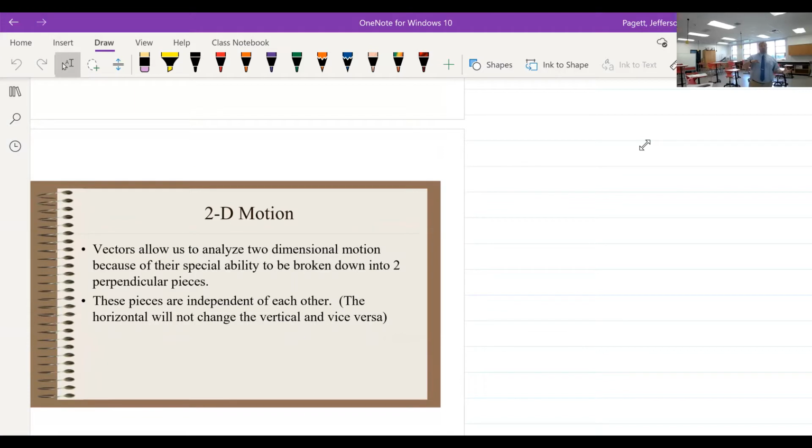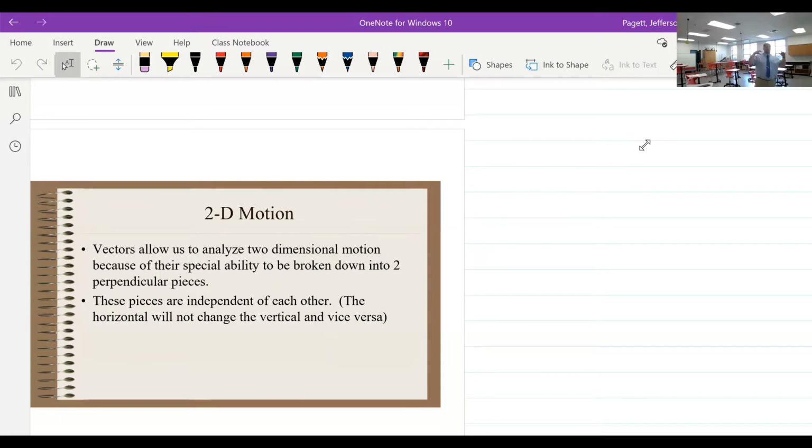Projectile motion is where we're headed, but in this two-dimensional motion, we're going to use our ability to break apart vectors, along with our distance and displacement, velocity and speed and acceleration and time, all of our kinematic equations, to now analyze the motion, not only as it goes up and down, but also as it goes forward and back.